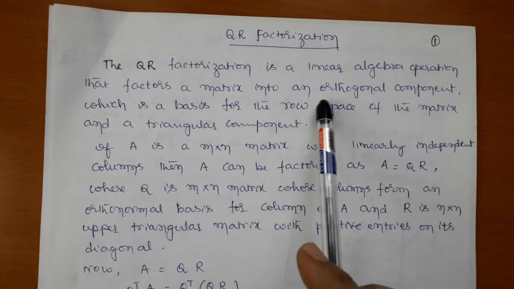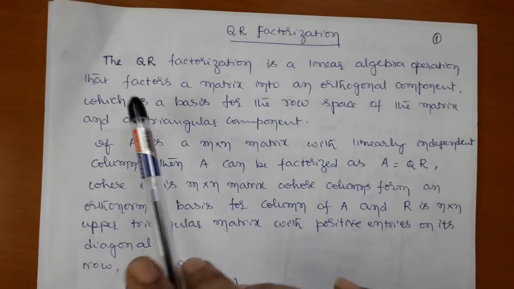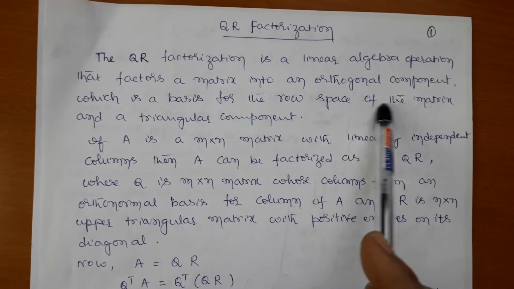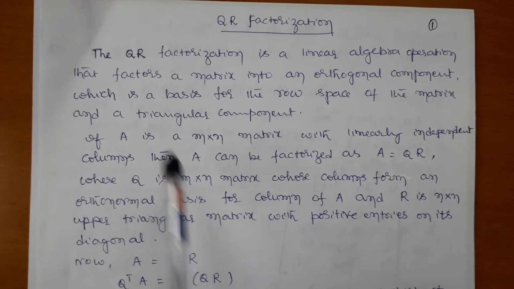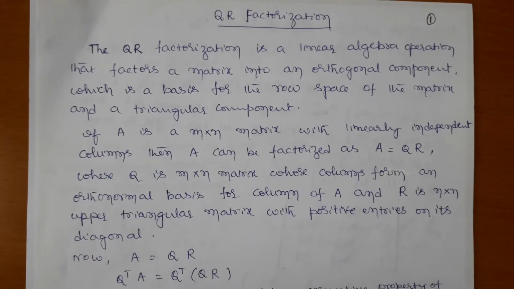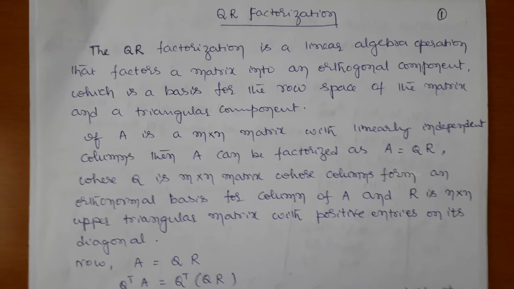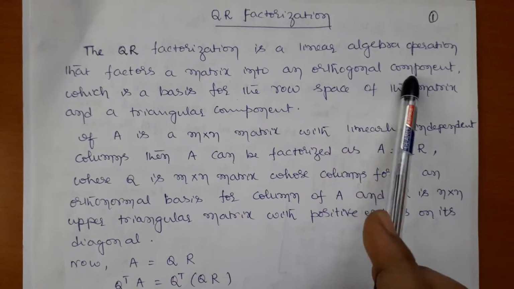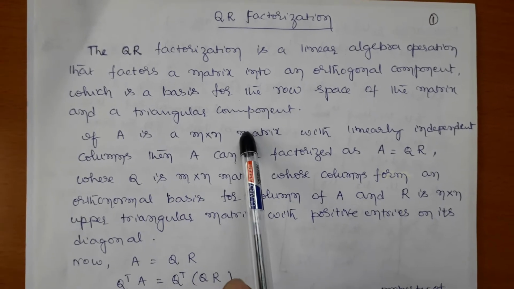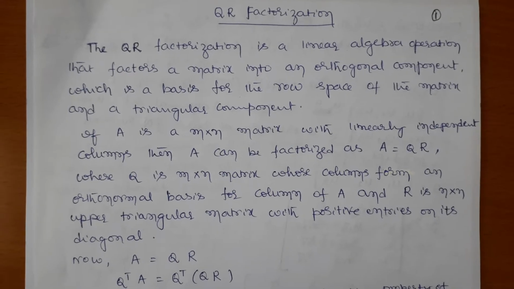The given matrix is factored into two matrices, Q and R. Q is a matrix having an orthonormal basis for the matrix columns, and R is a triangular matrix.